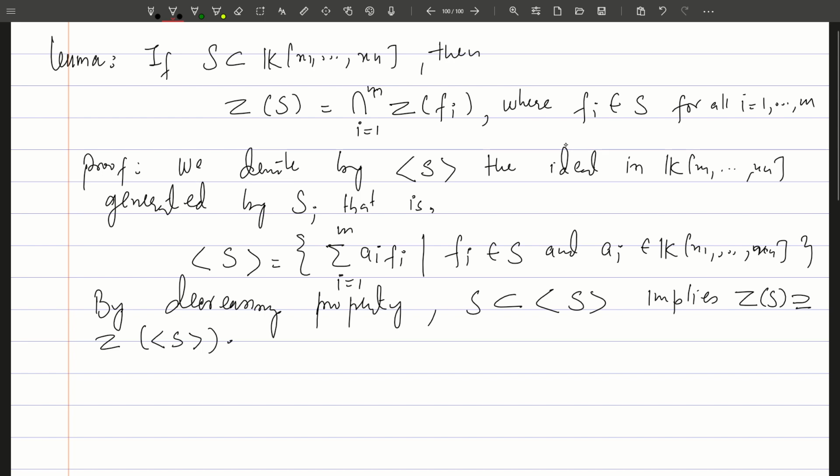Now conversely, let f be some polynomial in the ideal generated by S. Then, by definition of the ideal generated by S, this f is of the form sigma ai fi, where i is from 1 to m.